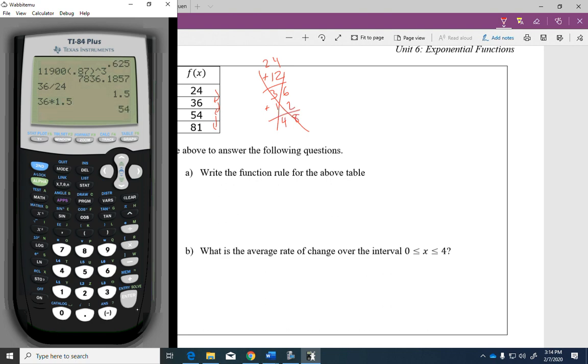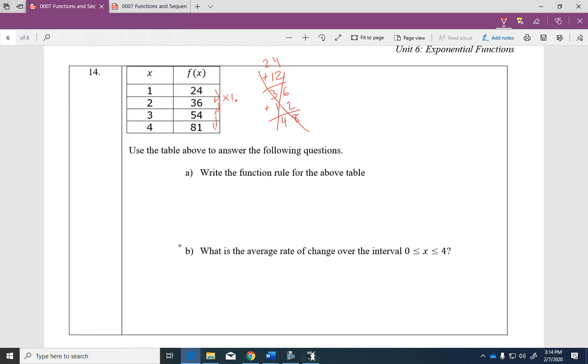We get 54, and that's what it says. What's 54 times 1.5? We get 81. We found it, didn't we? The common ratio, or the number we're multiplying by, is 1.5. It is exponential.